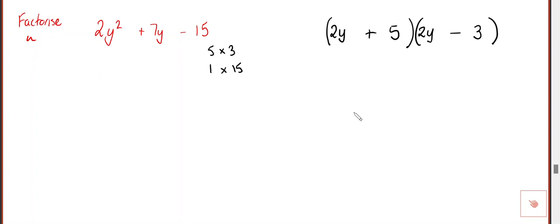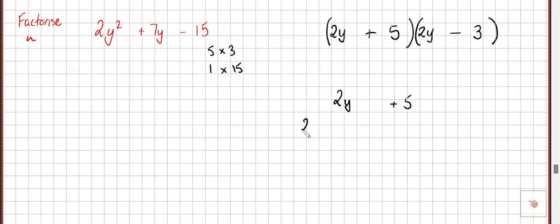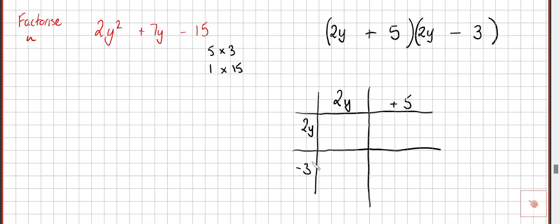But let's just check something before you write any of this down. What happens if we expand this? So let me just check that, 2y plus 5, and then 2y minus 3. You've been using the grid method, so I'm going to use the grid method just to check if we're correct or not. First of all, minus 3 times 5 is minus 15.